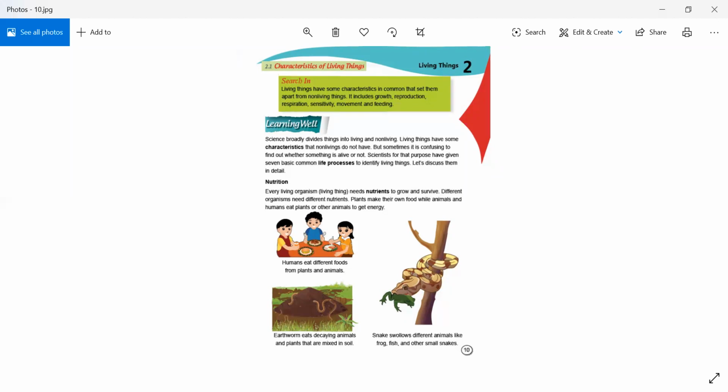But if I'm talking about a table, table cannot move. If we talk about a baby, baby can move, so it is a living thing. But a table cannot move, it cannot breathe, it cannot grow by itself.